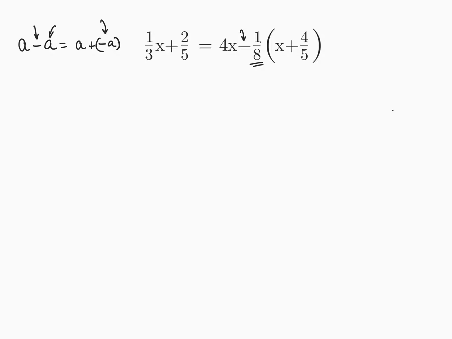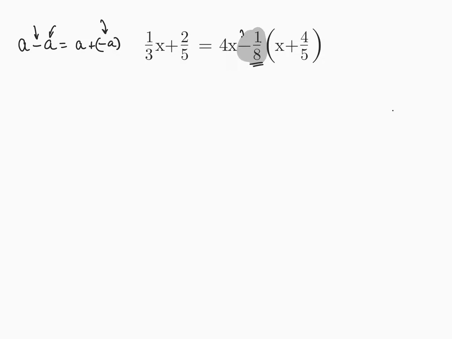So when we do the distributive property, we just need to make sure that we are multiplying everything inside this group by the value of negative 1/8. What I like to do prior to doing the multiplication is drop down everything else in my equation that is not attached to my multiplication.